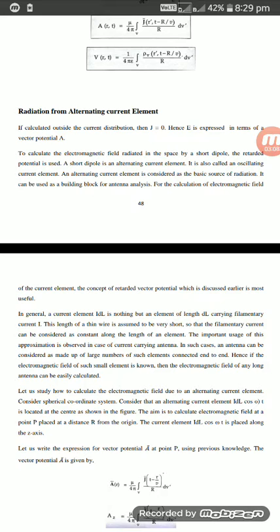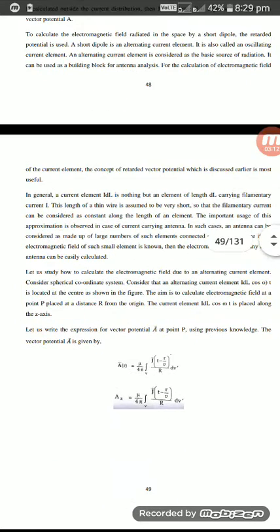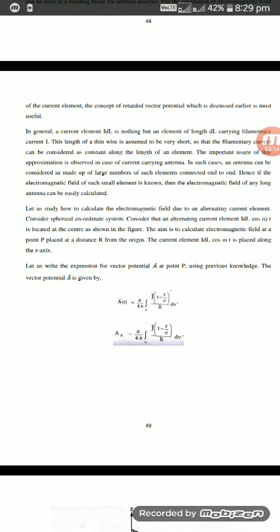It can be used as the building block of antenna system analysis for calculating the electromagnetic field, using the current element and the concept of vector potential. So A(r) = μ/4π ∫ J/r dv.